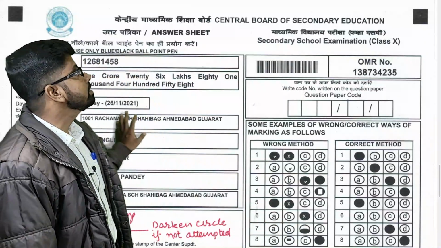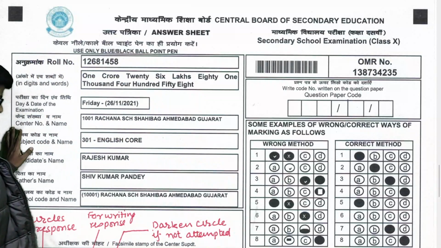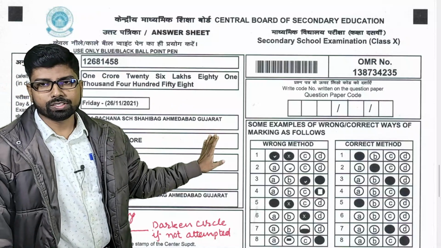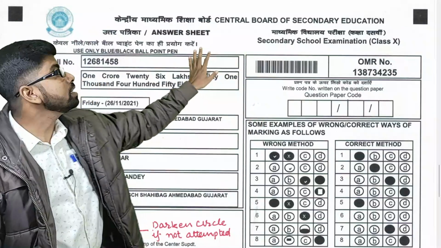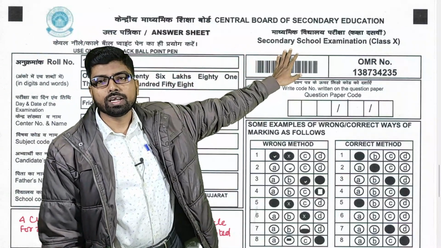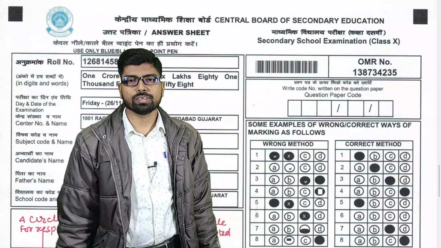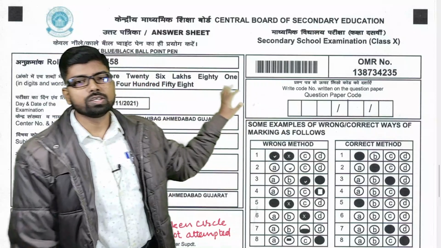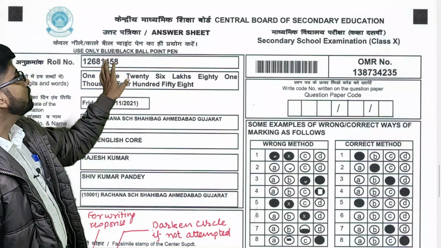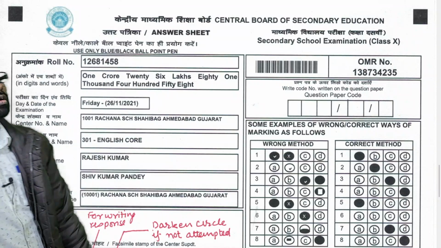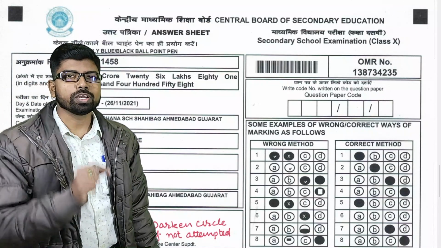In this sample OMR sheet, this is the data of the students. It is written Central Board of Secondary Education and class 10th. I have taken class 10th, the same thing applies to class 12th also. One thing to remember, it's written here, use only blue or black ballpoint pen.